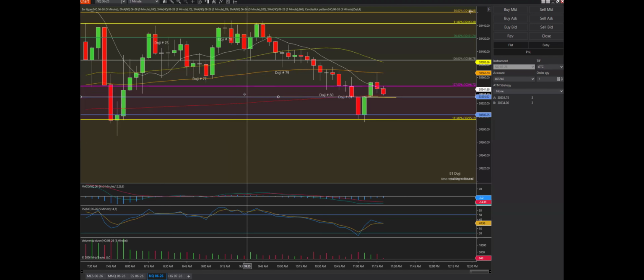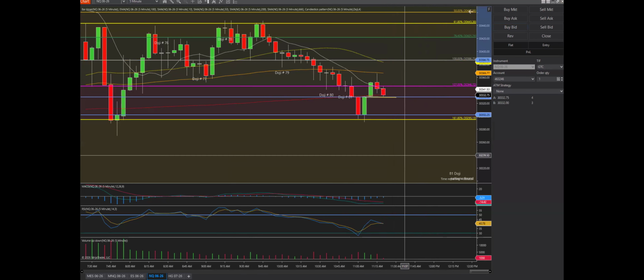Someone's at my door. What was it, 2 days ago, when it went up to 3083? Of course. I was top blasting, knowing I shouldn't have been top blasting, and held that thing all the way down with like 15 micros. Wow. You bought the high before the dump? Top blasted. Yeah.